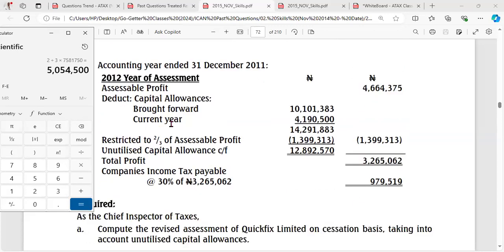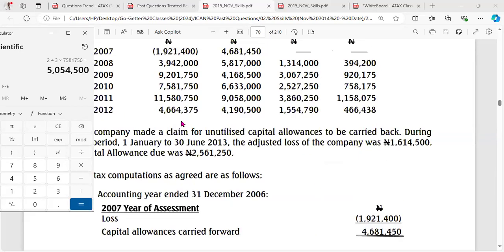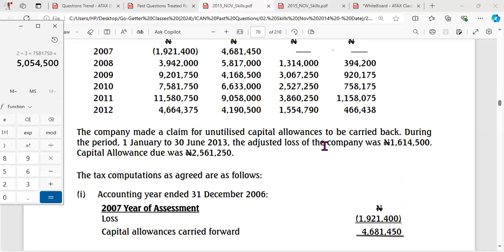All right. And now you have issues with your 2013. In 2013, we are told that the adjusted loss for the company was this, right? The adjusted loss is lost forever.